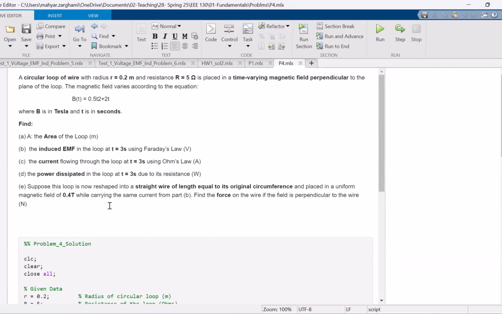Now, if we are reshaping this loop in the form of a straight wire equal to the circumference of that circle and place it in a uniform magnetic field of 0.4 while carrying the same current from part B, we want to find out the force on the wire.